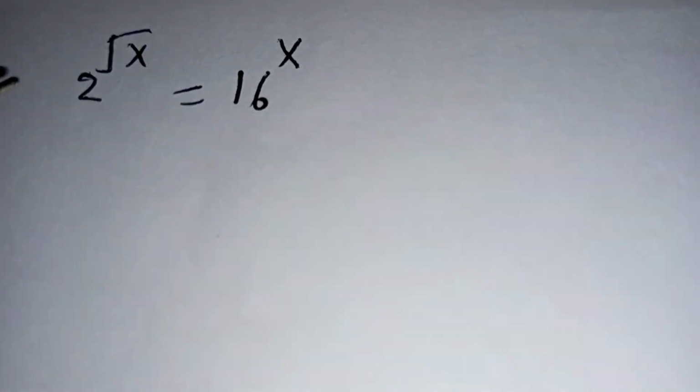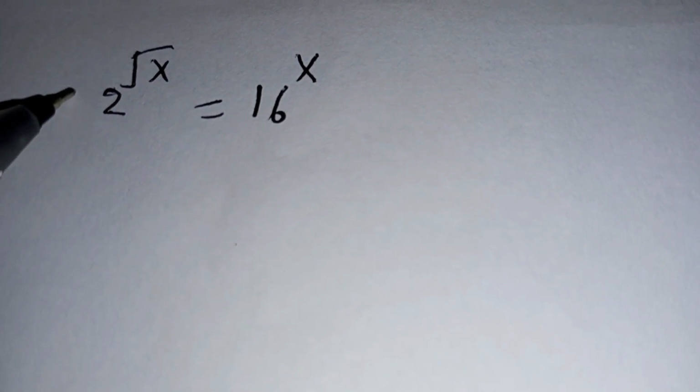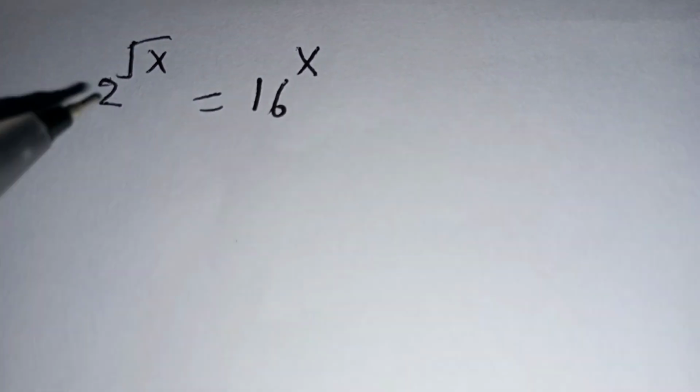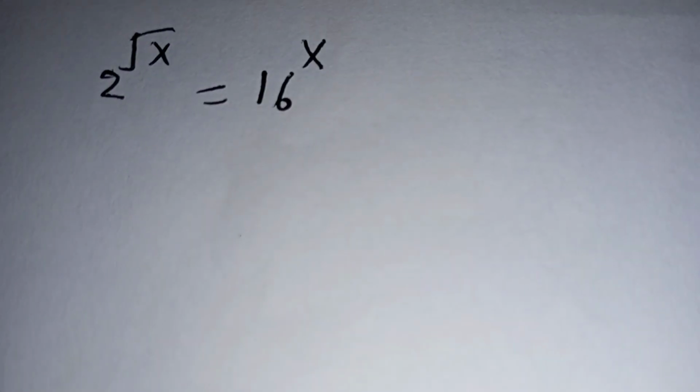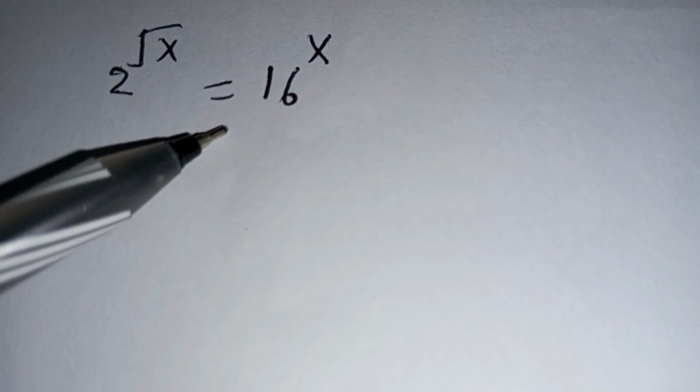You are required to solve for the value of x when 2 power square root of x is equal to 16 power x. So we express 16 to base 2. 16 is the same as 2 power 4.